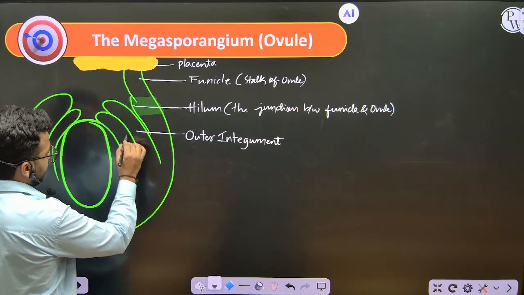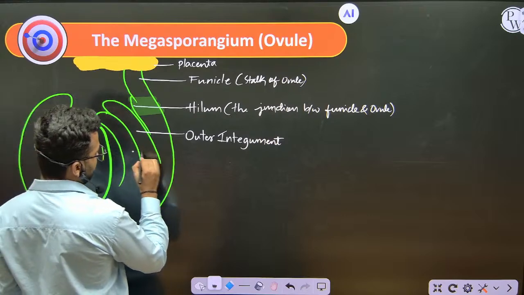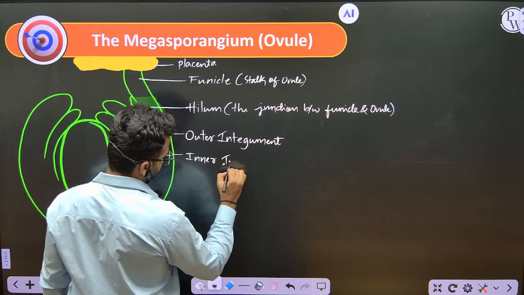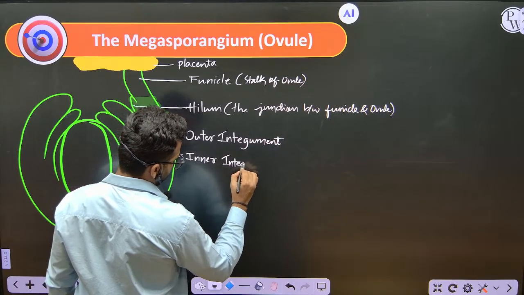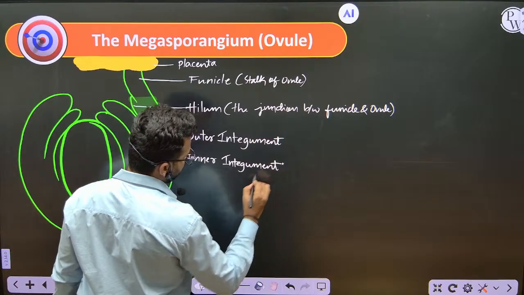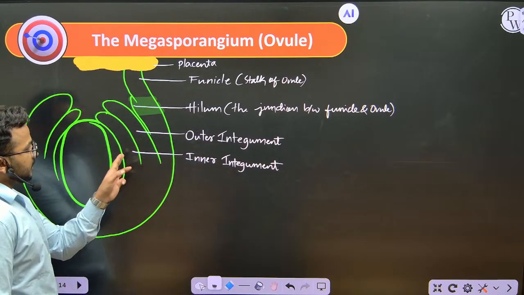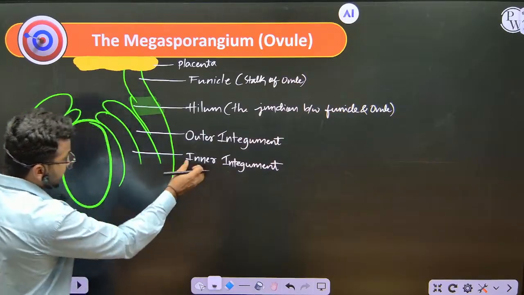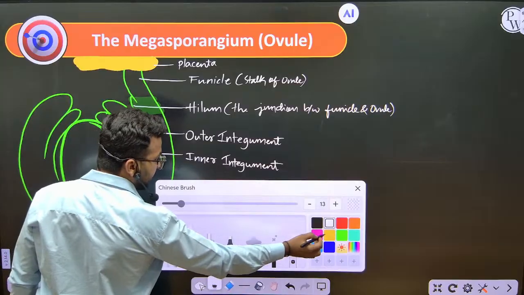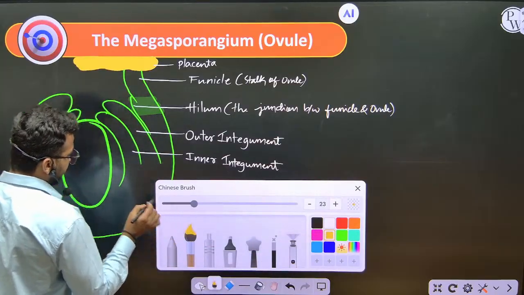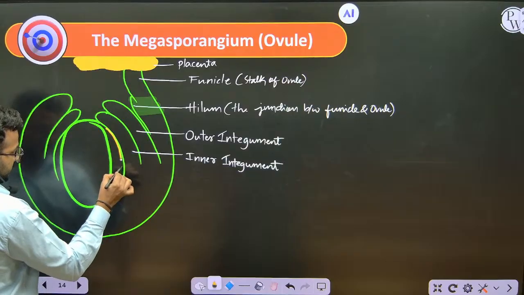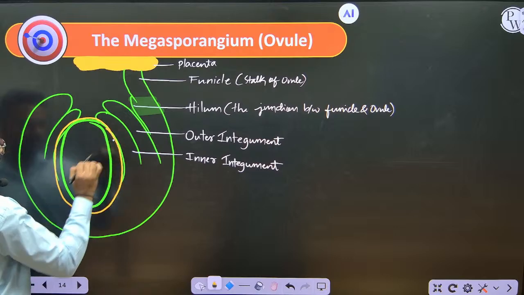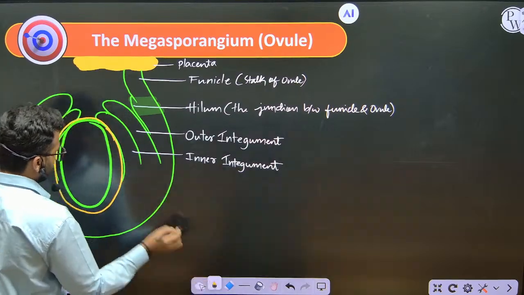And the layer next to that outer integument, we call the inner integument.